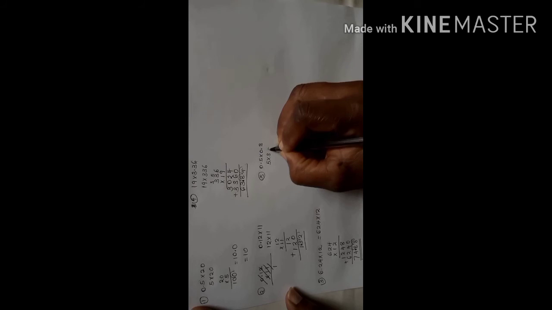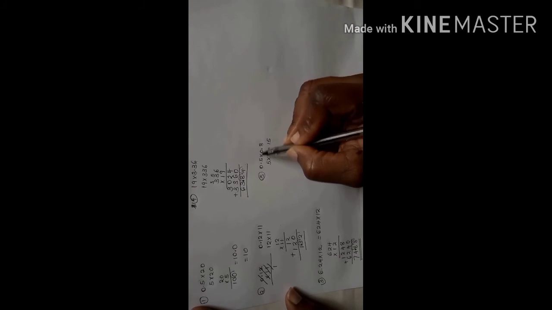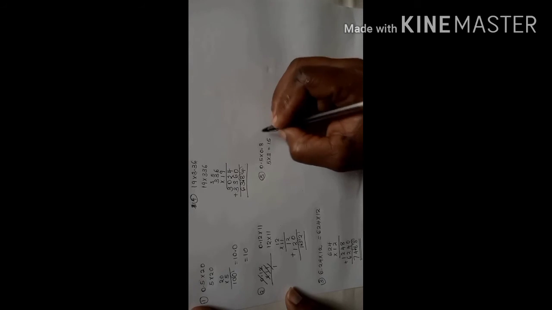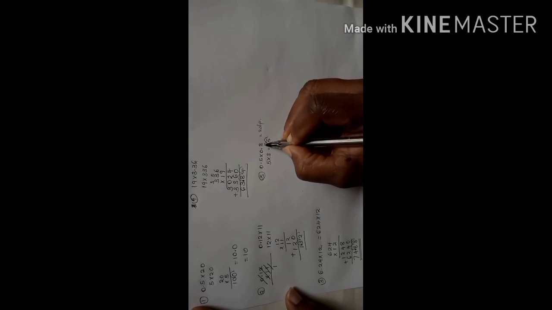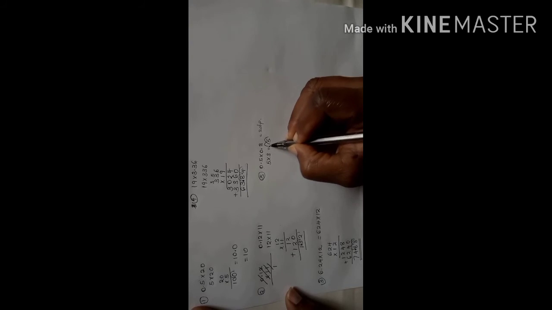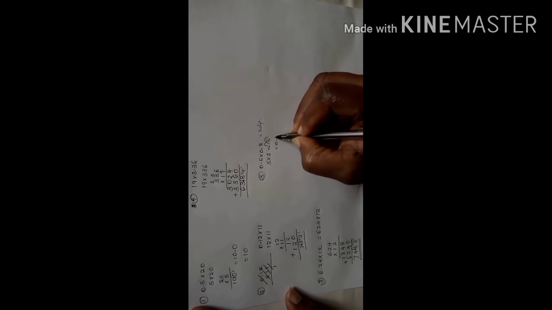What is 5 times 3? 15. But how many decimal places do we have? We have 1 here and we have 1 here. So how many are they all together? We have 2 decimal places. So in your answer, you're going to count from the right, 1, 2. Then here you're going to put a 0 so that your answer is 0.15.